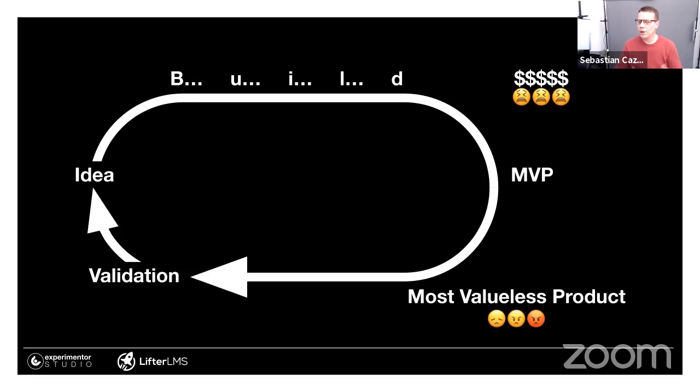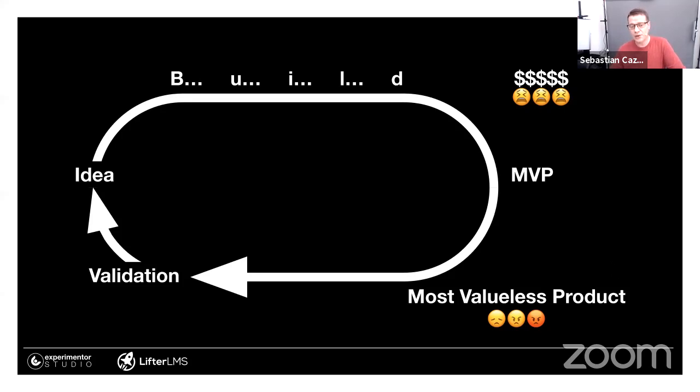Eventually, you will have an MVP, but unfortunately, in so many cases, MVP is not going to stand for minimum viable product, but for most valueless product, just because you actually don't know yet at this point what your customers want. So that's the most common trap we fall into as course creators. Like I said before, myself included.